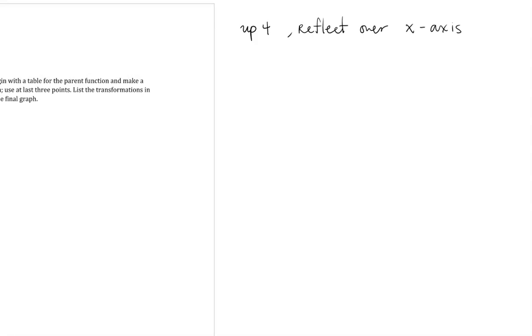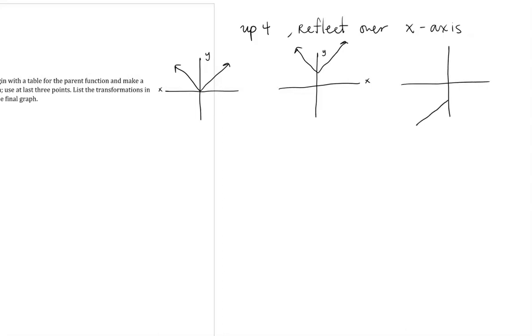So if I take the graph of the absolute value of x, which looks like this, and then I shift the graph up 4, which looks like that, and then I reflect that graph over the x-axis, it's now going to look like this, where this point down here is now at 0, -4, because it pushed up to 0, 4, and then it flipped over the x-axis to go to 0, -4.